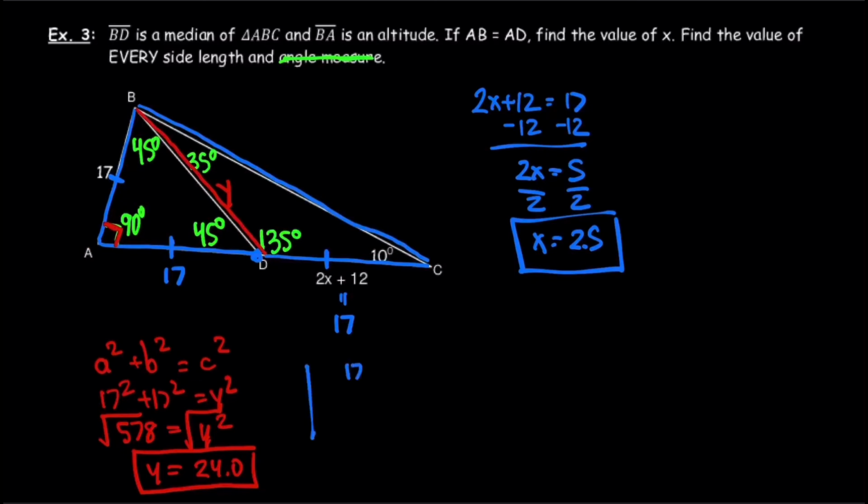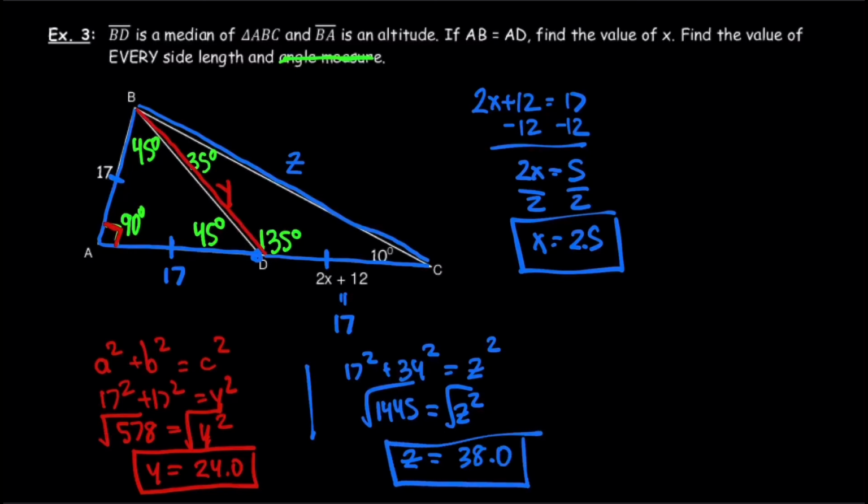This is going to be 17 squared plus 34 squared equals, I don't know, let's call it Z squared. And again, I'm just going to put this all in my calculator in one shot. Get a pretty big number. I got 1,445 equals Z squared, and I'm going to take the square root of that. Z equals, I got 38.0, so even rounded to nearest tenth, it was a 0.0.